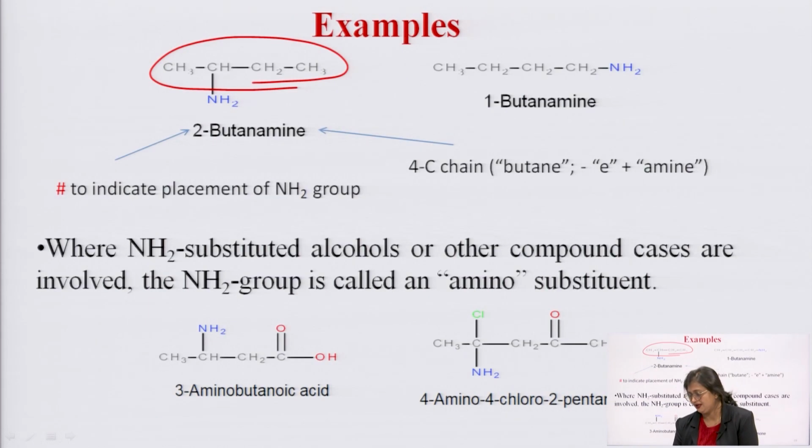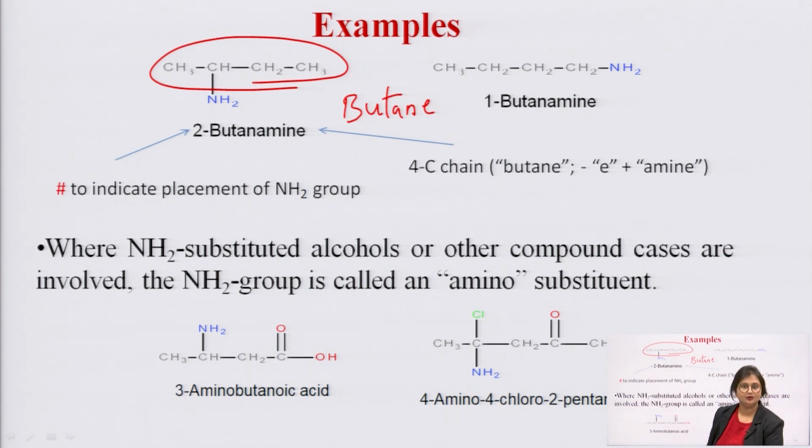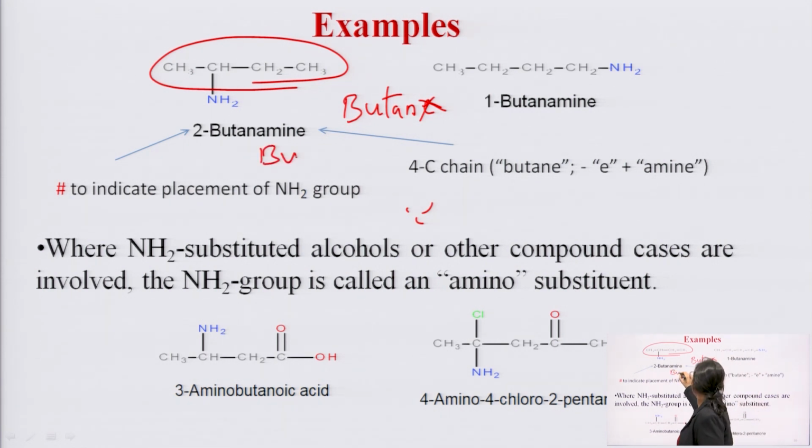Suppose the longest chain is butane, then we name it as butan. We drop the E here, so we just name it as butan followed by amine. So, the name would be butanamine.